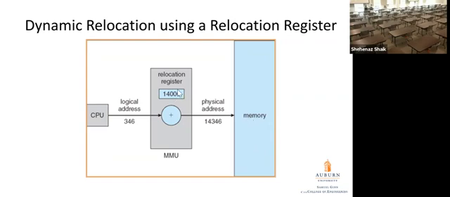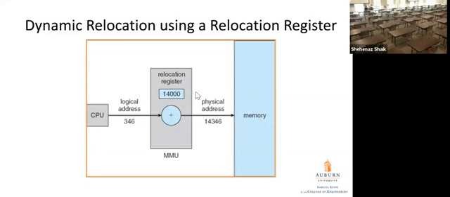If you see here, the value in this relocation register is very specific to each process, right? We can have multiple processes loaded into different parts of physical memory, and each process may be starting at some specific address. If we have that starting address, we should be able to convert the logical addresses of any process to its own corresponding physical addresses.